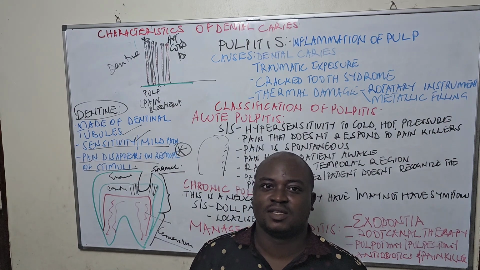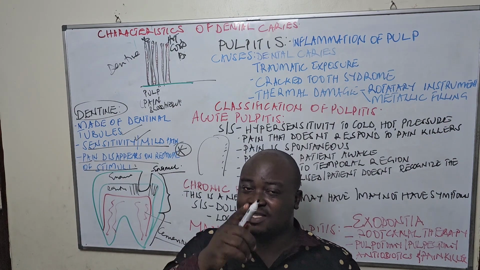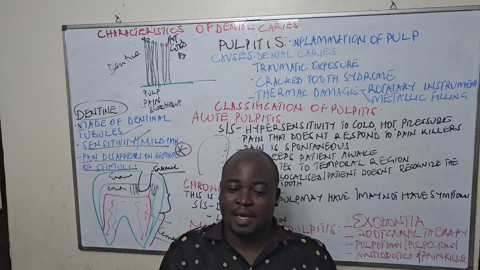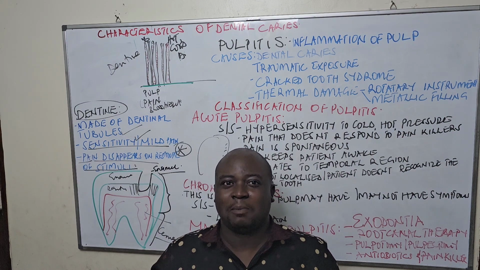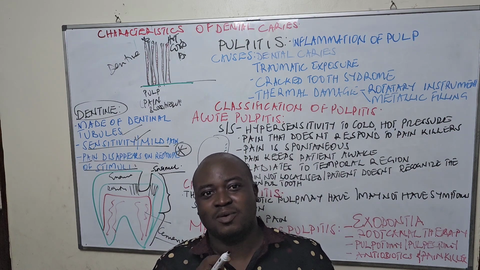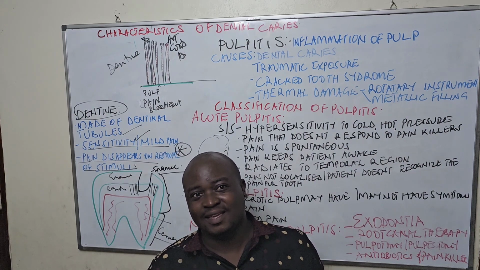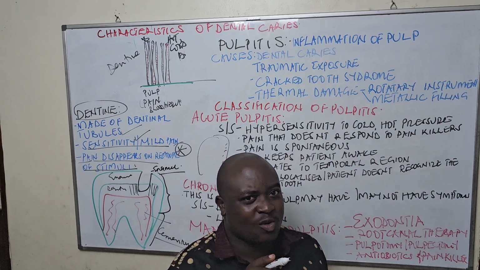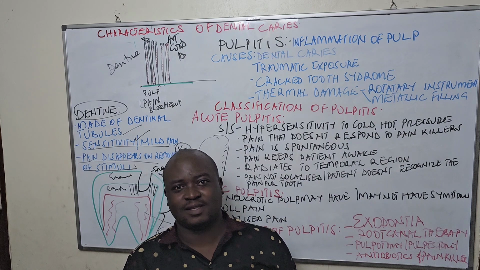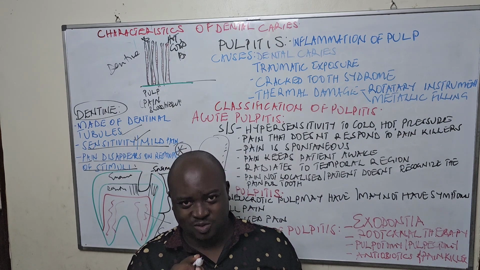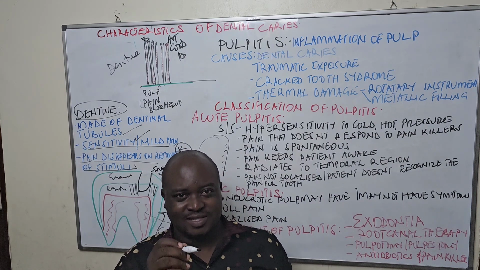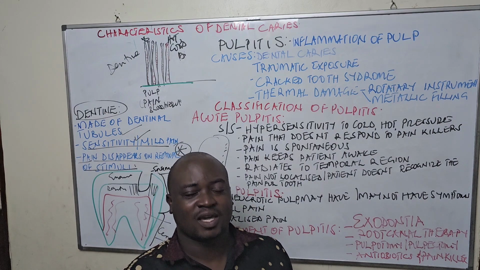Dentinal sensitivity. And I'm saying it is actually supposed not to be pain. It's supposed to be sensitivity, but it can be mild pain. So anything that will disappear on removal of a stimulus, it is what? Dentinal sensitivity or dentinal caries.